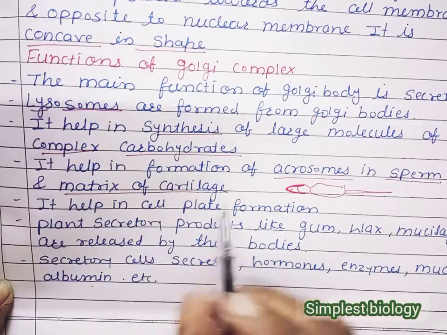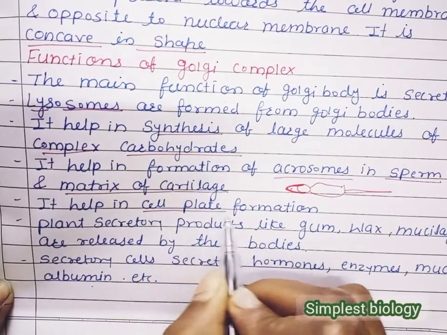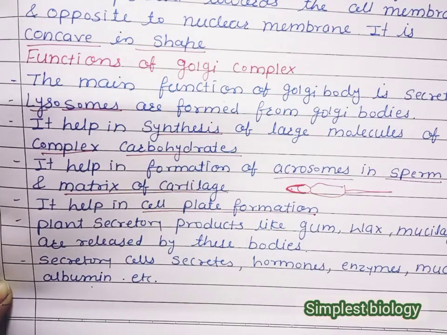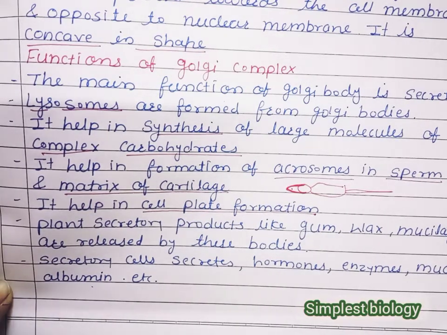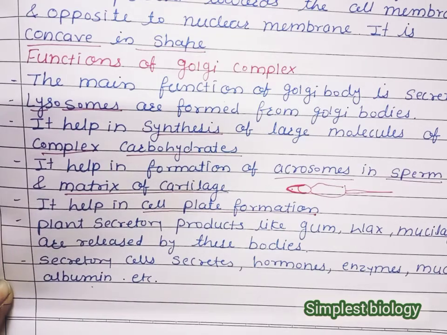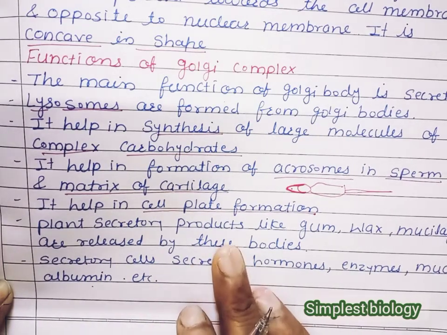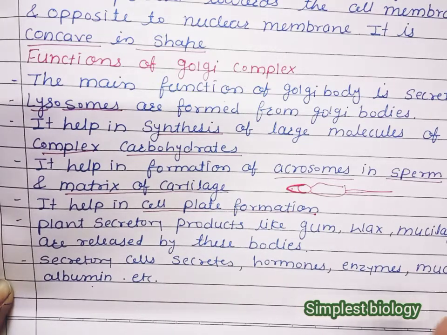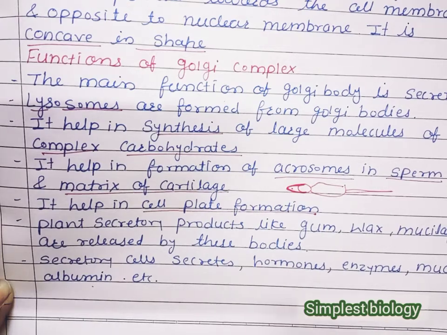Basically, cell plate formation takes place when the cell divides into two cells, by the process of mitosis. During that process, after cytokinesis, the cell is divided into two parts, and before that the cell plate formation takes place between those two cells.